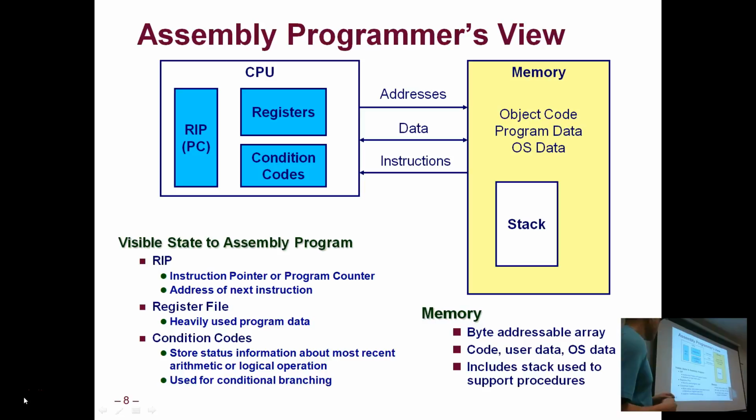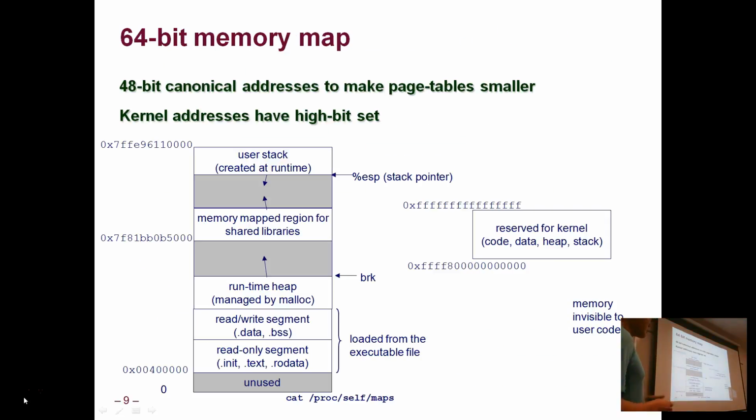You'll see why. Okay. Here's a picture of the Linux 64-bit memory map, and you see all of these things. At the top part of memory in a user address space is where your kernel code, data, and heap and stack reside. And then you have a space for the user stack. You have a space for dynamically linked libraries that are loaded in at load time.